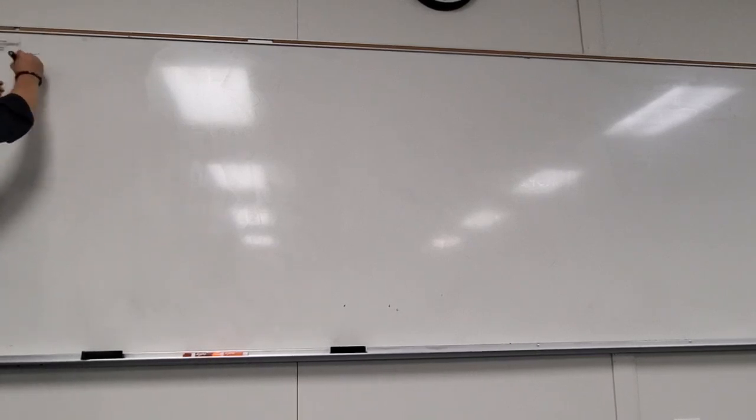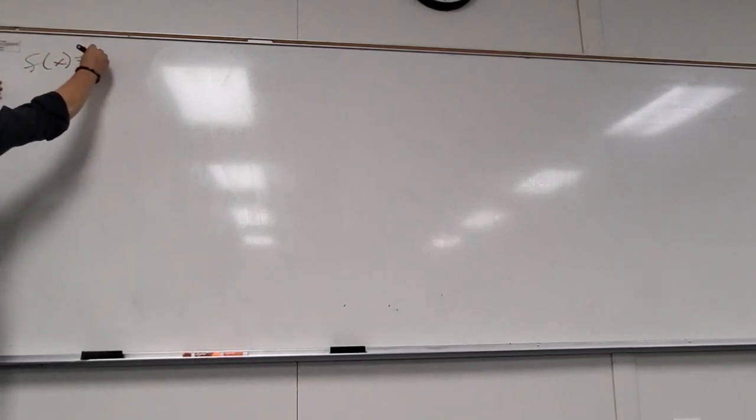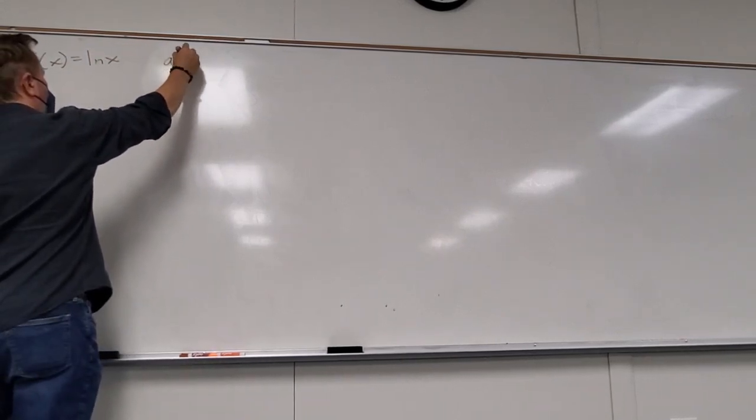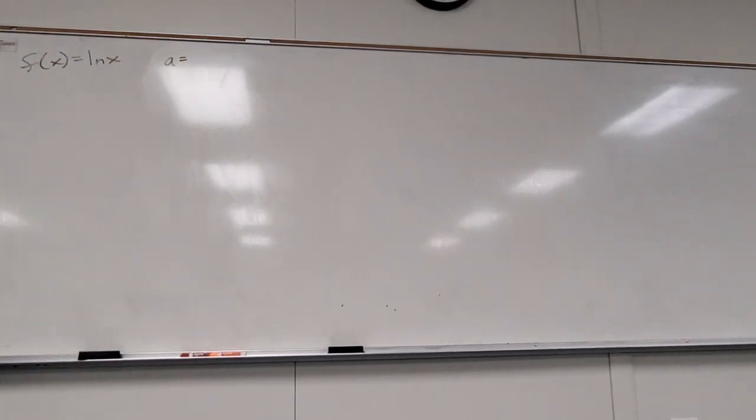If I do this, can I do a Maclaurin series? No. Why not? Because 0 is out of bounds for that. It's undefined at 0, yeah. I love it. So we'd have to build it around something else. If you had to pick an a, what would you pick? 1. Yeah, why not? Because, of course, then it's going to be nice.